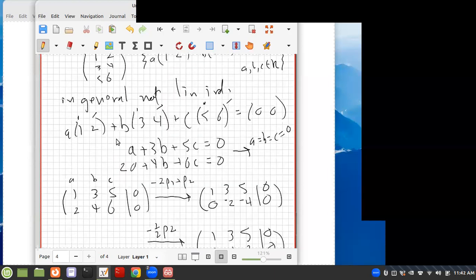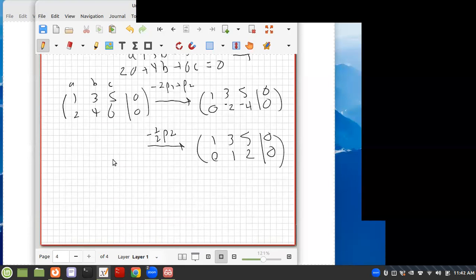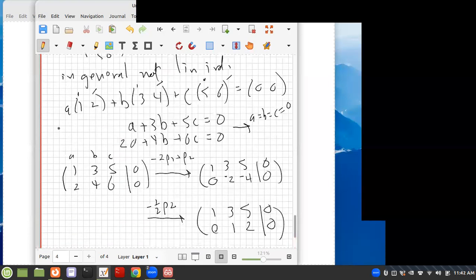Yeah, the problem here is, see, the coefficient matrix of these rows. The coefficient matrix is here 1, 3, 5, 2, 4, 6, right? So that's the matrix we're talking about.